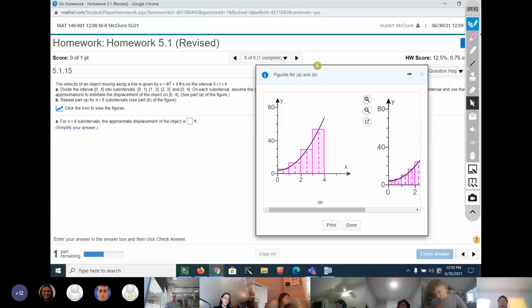And what is between 0 and 1? 0.5. So you take that 0.5 and you multiply it by this right here. So this first point, 0.5, see where that purple line is right there? We're going to take that and we're going to do V of 0.5, and that's going to be 4 times 0.5 squared plus 4.